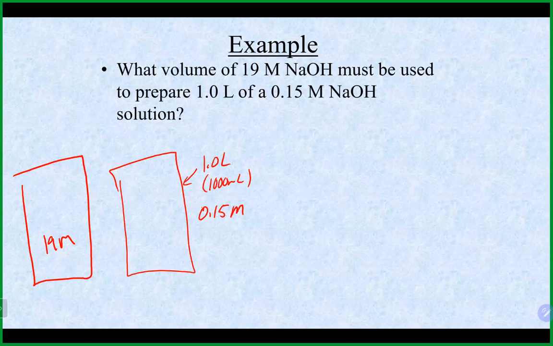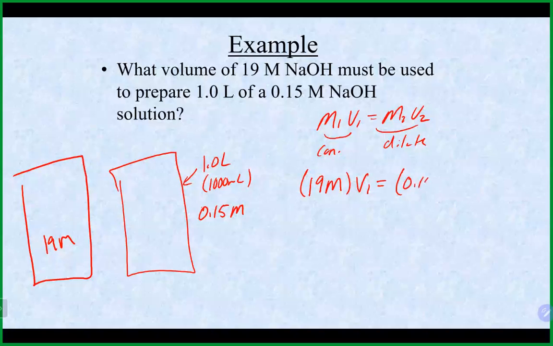So we could use our M1V1 equals M2V2 here. Once again, this is usually the more concentrated side, and this is the more dilute side. So in this case, we do have our more concentrated molarity. We do not have how much we're going to use of it. M2 is what we want to end up with, which is 0.15 molar, and we want to end up with a final volume of 1 liter.